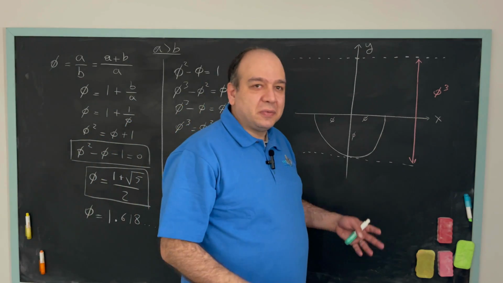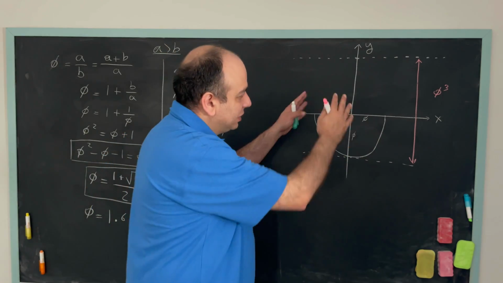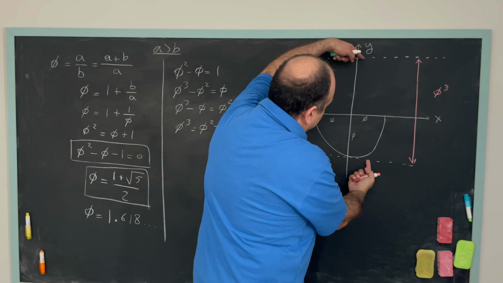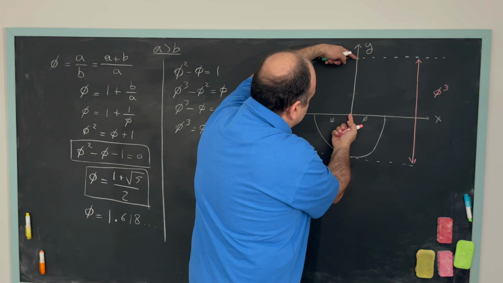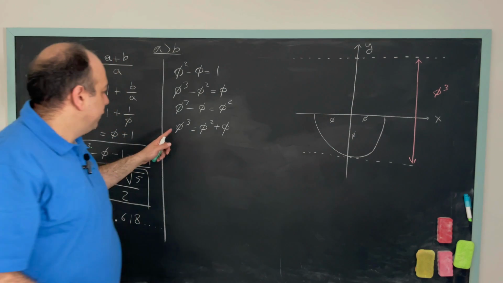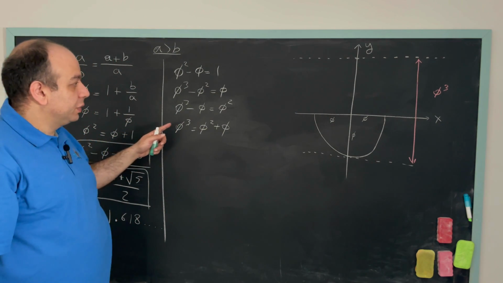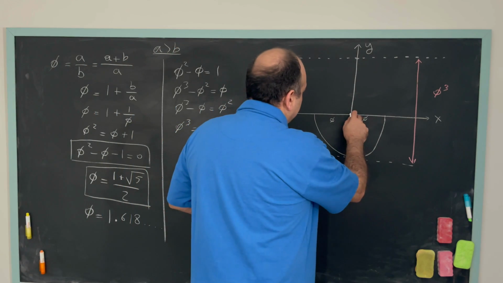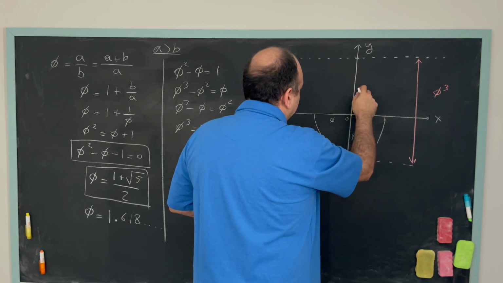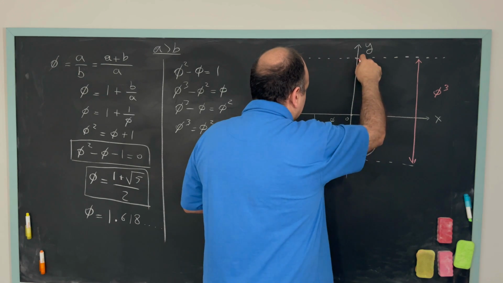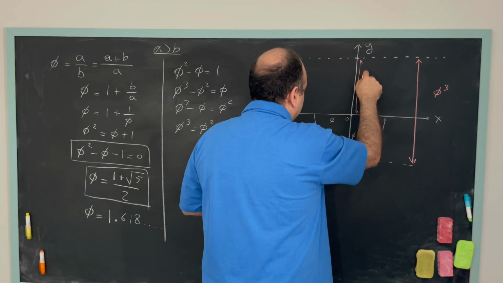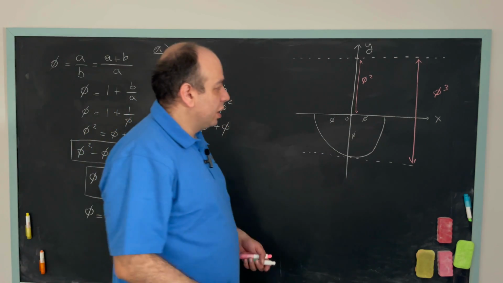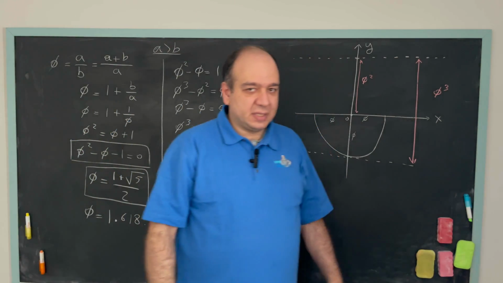So here comes how the golden ratio actually affects the shape of this egg. This is phi, this distance is going to be phi cubed, right? So what is going to be this distance then? So phi cubed is equal to phi squared plus phi. Or in other words, phi cubed minus phi is equal to phi squared, right? So from here, the origin to the top, this distance would be simply phi squared.